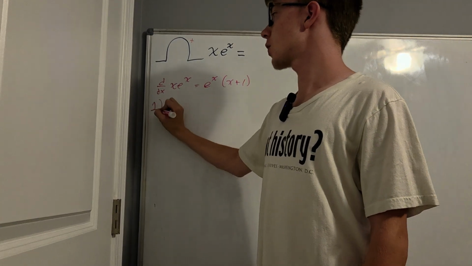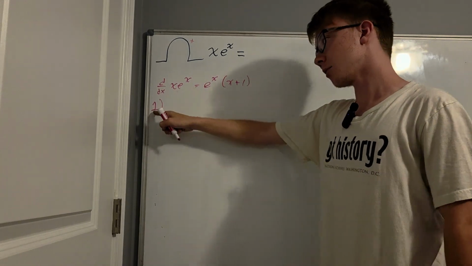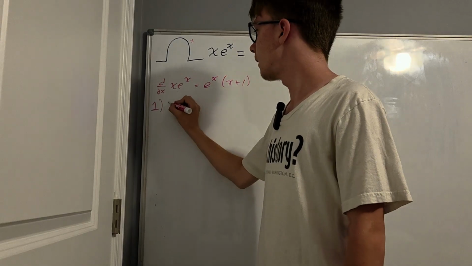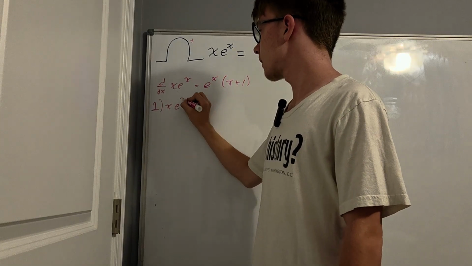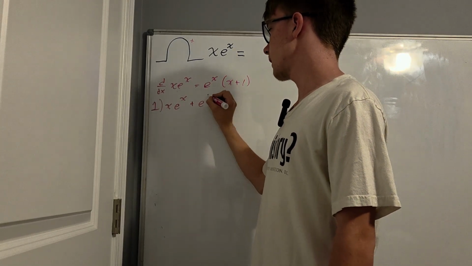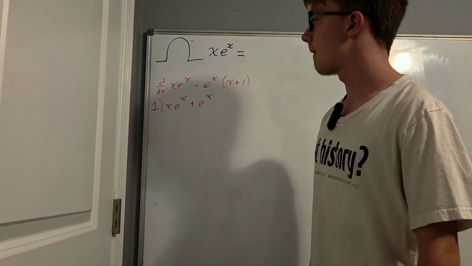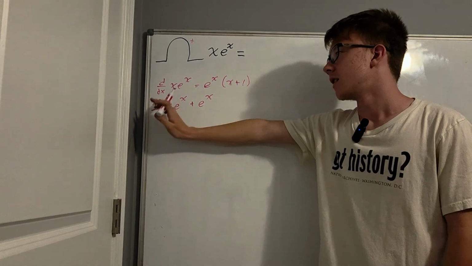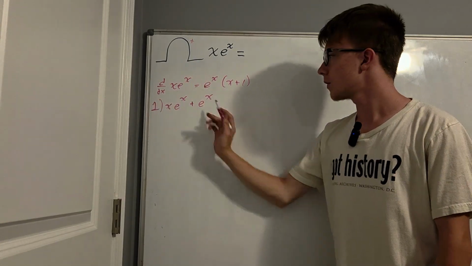So for this first derivative, when I do these, I like to keep track of the number of derivatives I've taken. It's going to become x e to the x plus e to the x, right? Funny thing is, now I know the derivative of this, we can just add that in, and we already know the derivative of this.